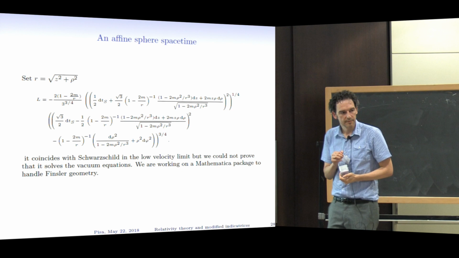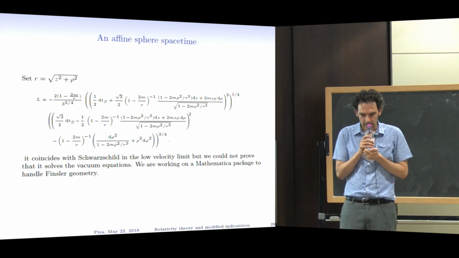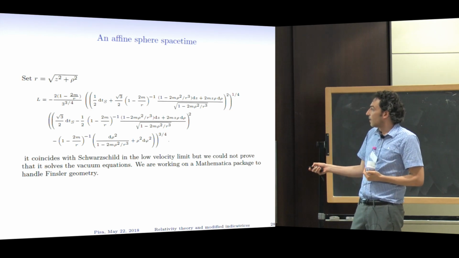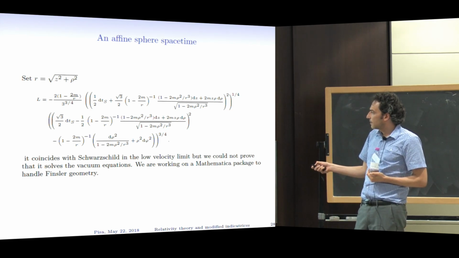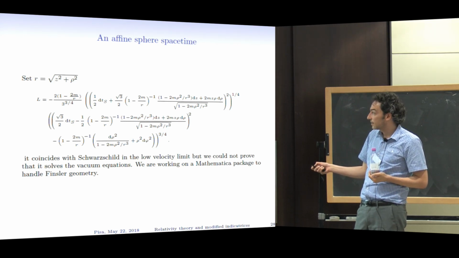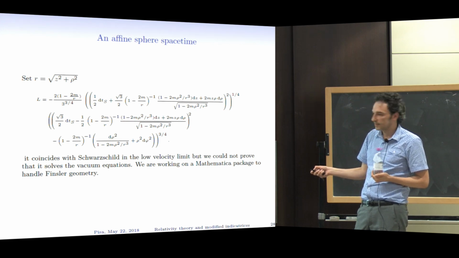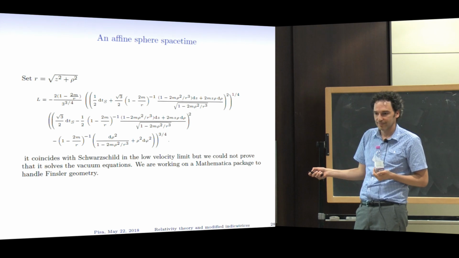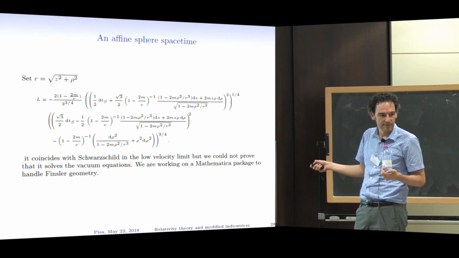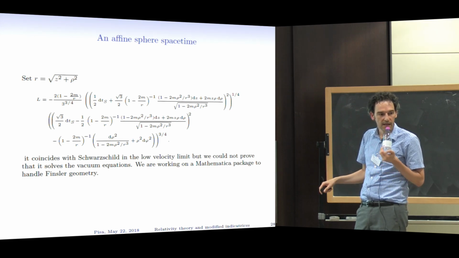Is it a deformation of Schwarzschild? In practice, if these are basically velocity variables in some directions, and these are much larger than this dt, say you can take this equal to 1 or bring it outside, and you take the first order of the quadratic expansion, you get the Schwarzschild metric.